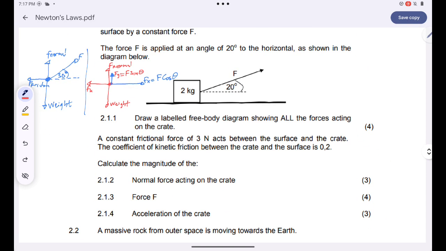Okay, and now we are told that a constant frictional force of 3 newtons acts between the surface and the crate. The coefficient of kinetic friction between the crate and the surface is 0.2. We must calculate the magnitude of the normal force. How can we do that?